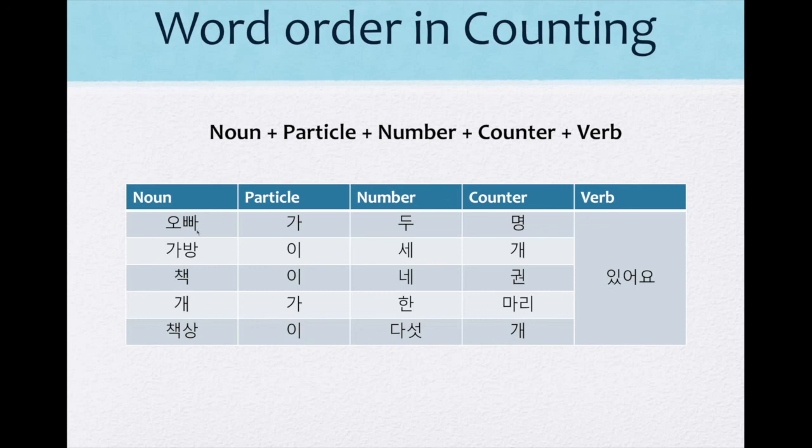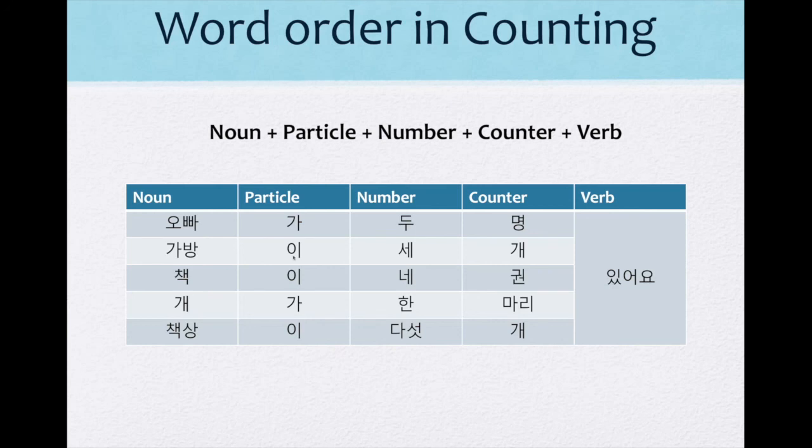Older brother and subject marker, 2명, counter, 있어요. This is structured to indicate how many of certain things there are. So older brothers, there are two of them. 오빠가 2명 있어요.